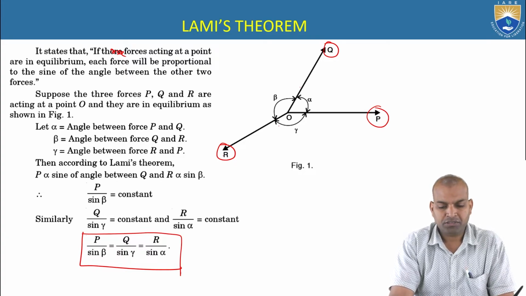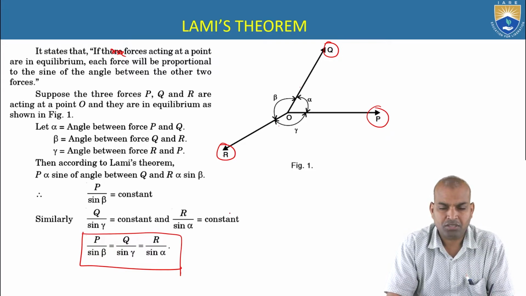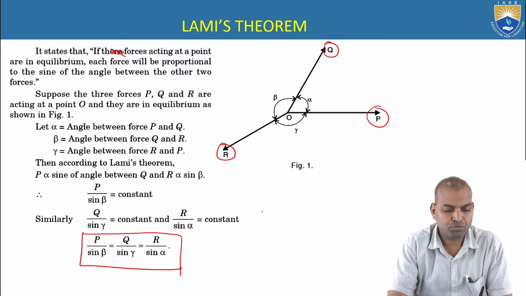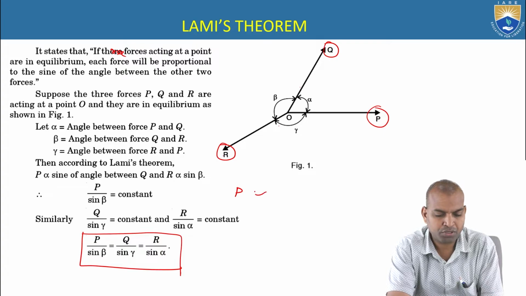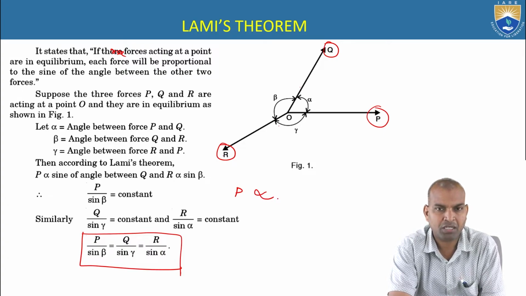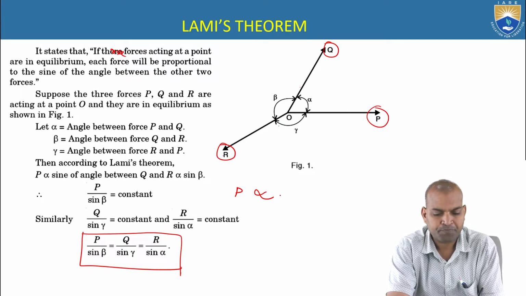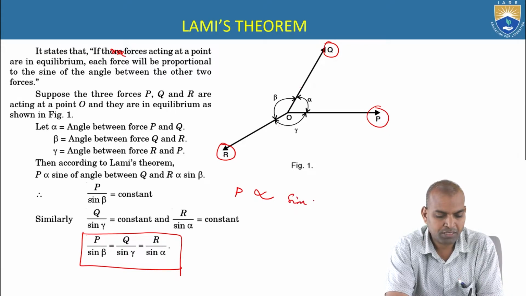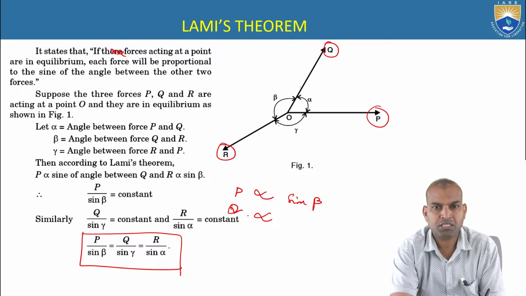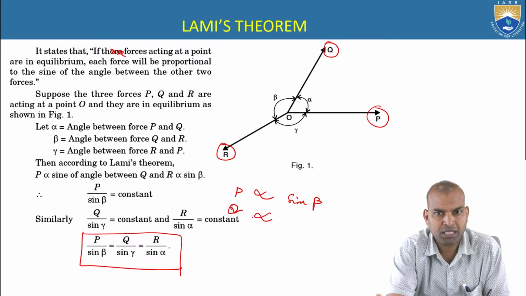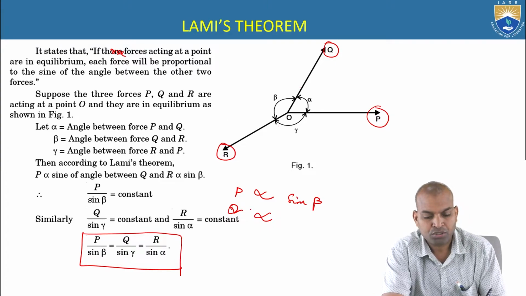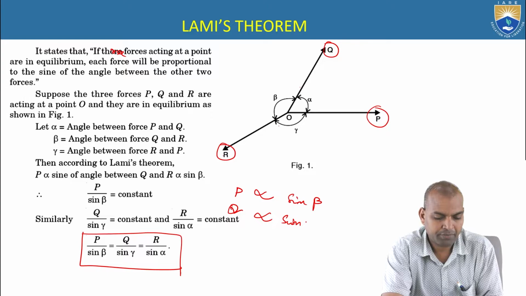So here Lami's theorem states that P is proportional to the sine of the angle between the other two forces. The other two forces are Q and R, and the angle between them is beta, so P is proportional to sine beta. Then Q is proportional to the sine of the angle between the other two, Q by sine gamma.